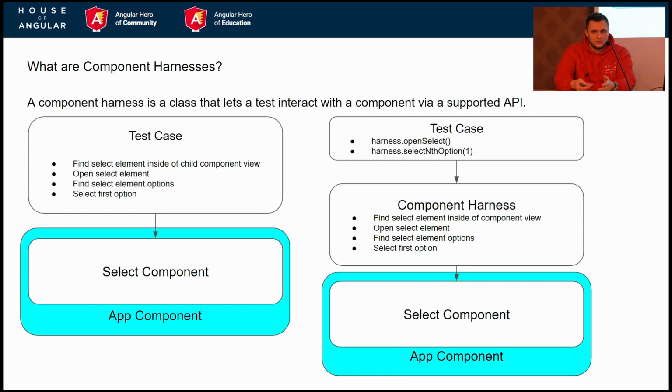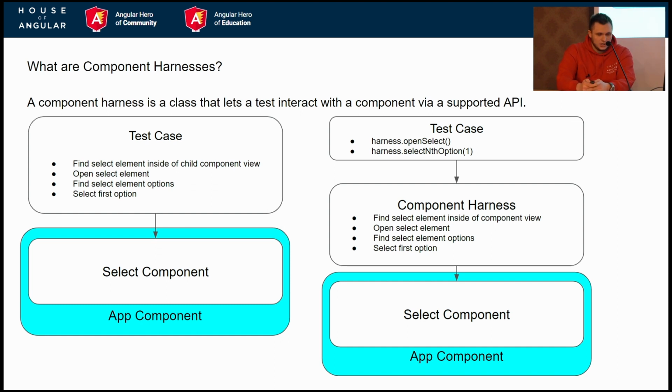We are not interested in looking through the options, whether this option is already opened, and clicking on them. This entire responsibility is moved to the component harness, and the author of the harness is responsible for handling the common behavior of its component. We are only triggering the options which are somehow representing the behavior of the component. So right now there is no coupling to any kind of selector, classes, attributes, nothing.